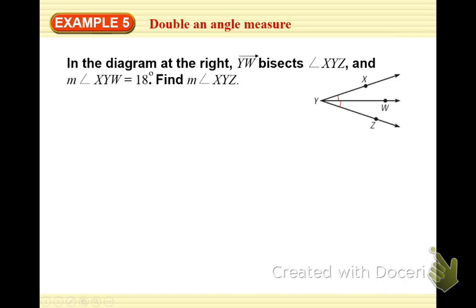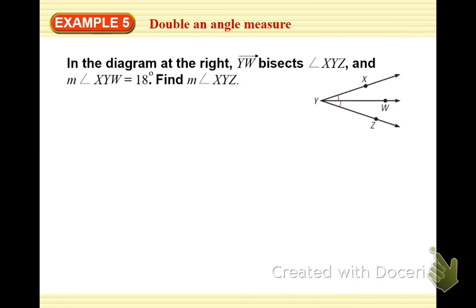All right. Now, another quick application of both the angle addition postulate and the idea of bisecting an angle. Here in the diagram at the right, we talk about ray YW, and by the way, angle bisectors are always rays.